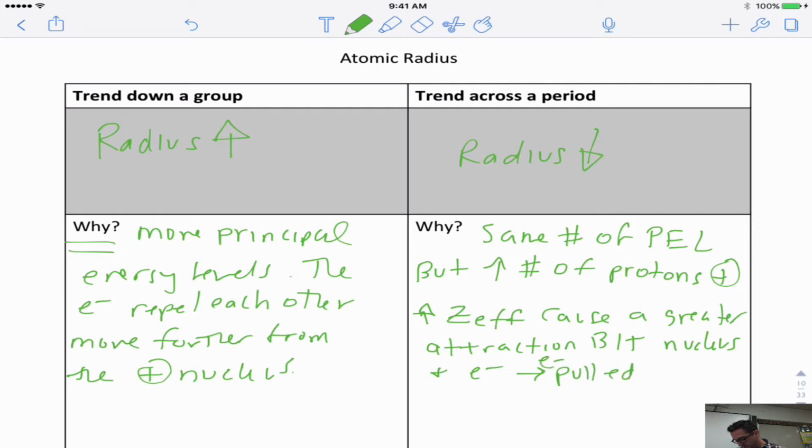So the electrons are pulled in closer, and that causes you to have a smaller radius. So, these are the trends going down and going across.